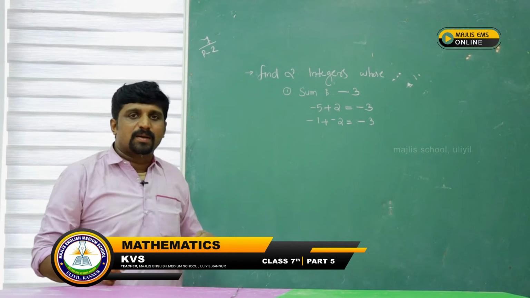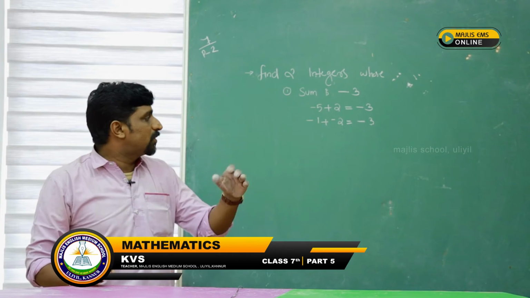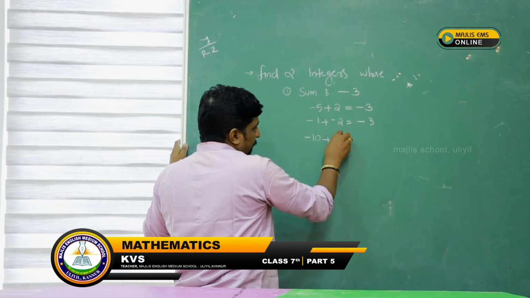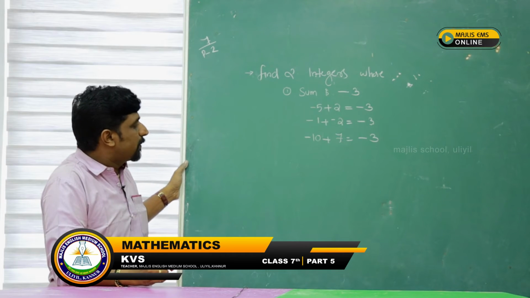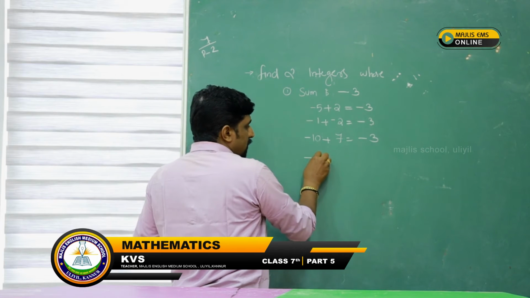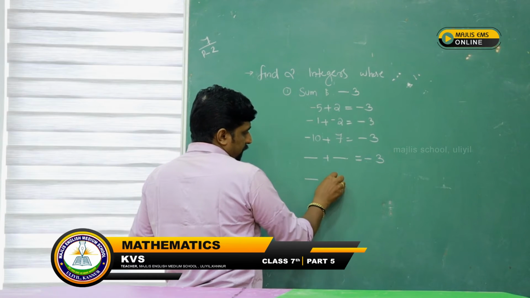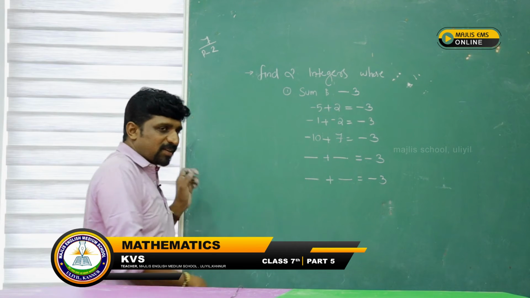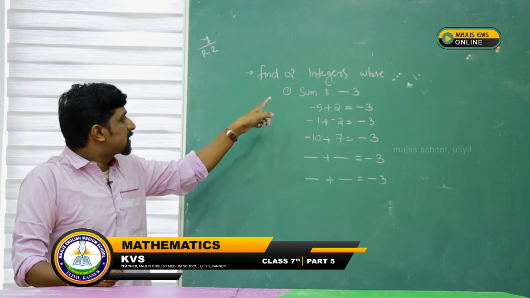Then minus 10 plus 7, again we got minus 3. In the same way you can find two numbers. We always need the answer minus 3, because the sum is minus 3.